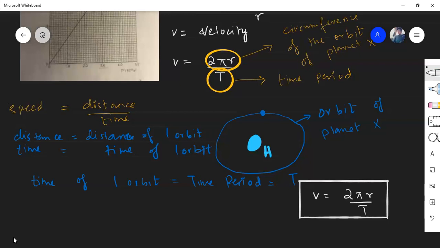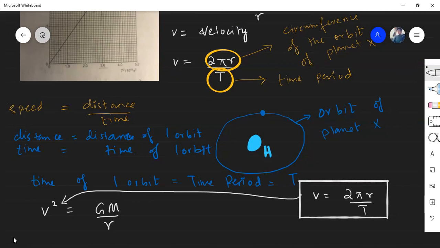I had a previous result of v squared is equal to G times M over R. I'm going to plug this result of v into this equation.